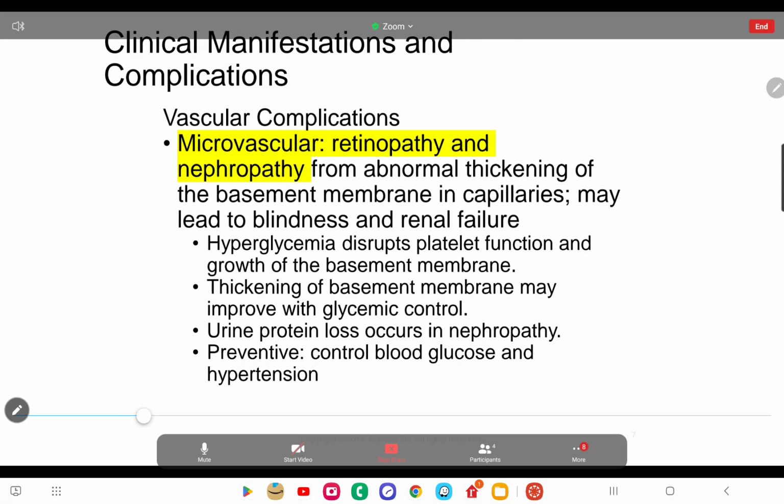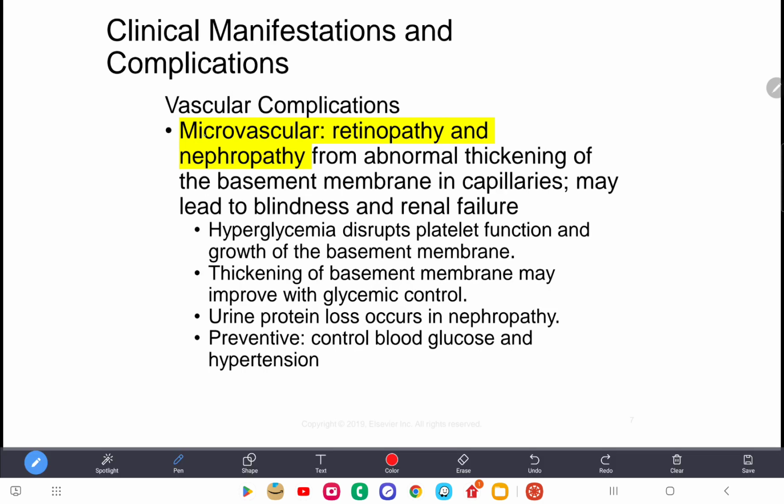Now, in this case, remember, you have to know the micro, M, I, and macro, M, A. So microvascular is related to the eyes. This is the eye retinopathy, nephropathy, and the nerve, peripheral neuropathy.